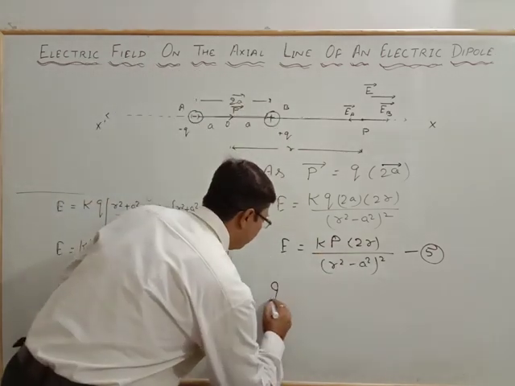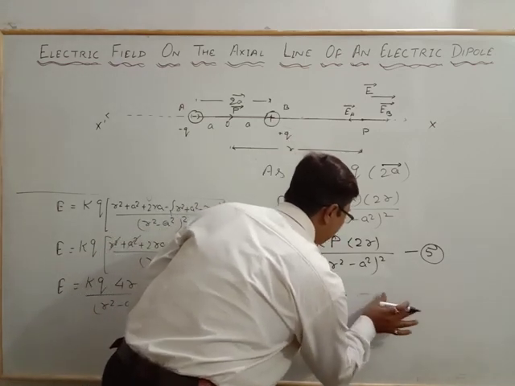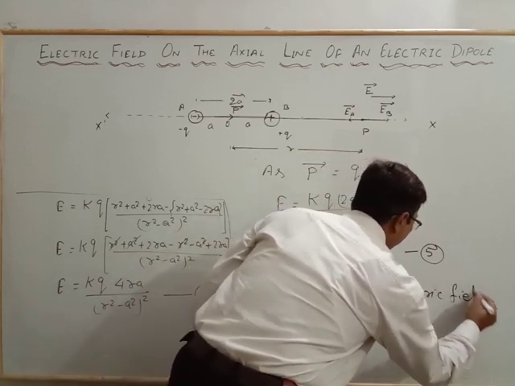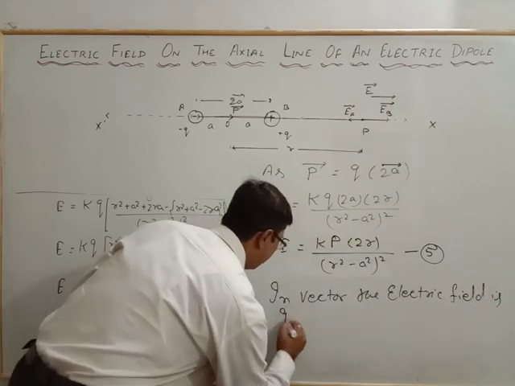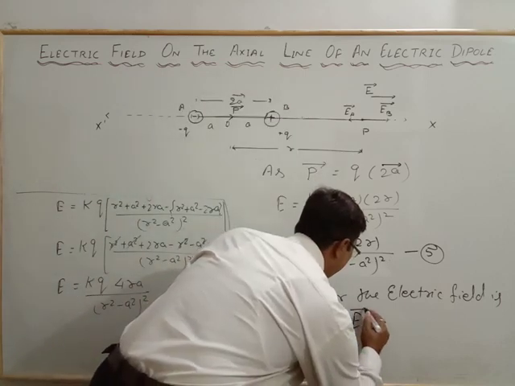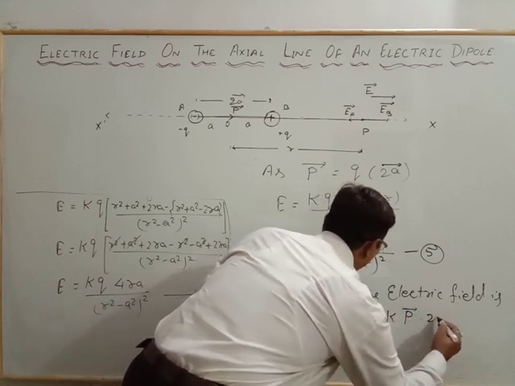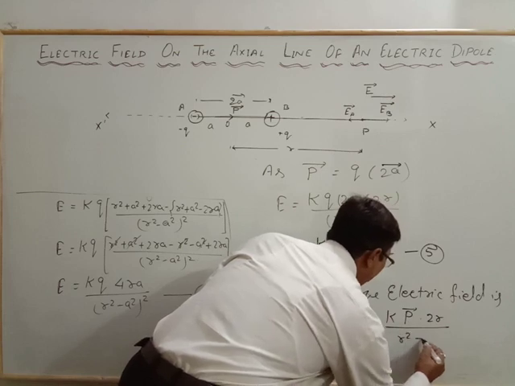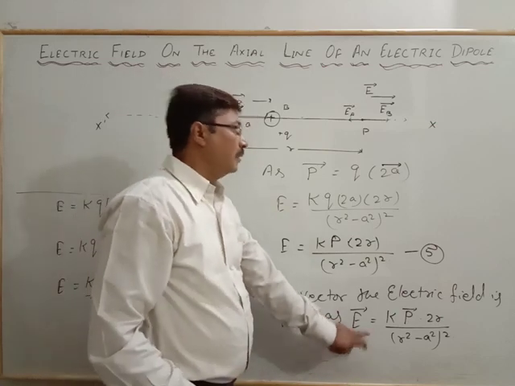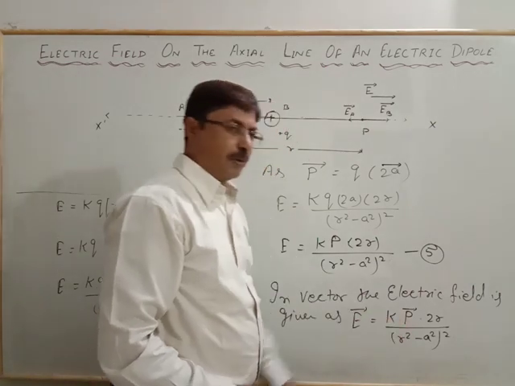So in vector form the electric field is given as E vector is equal to K P vector into 2r by (r square minus a square) whole square. That means the electric field at the axial point is in the direction of the dipole moment.